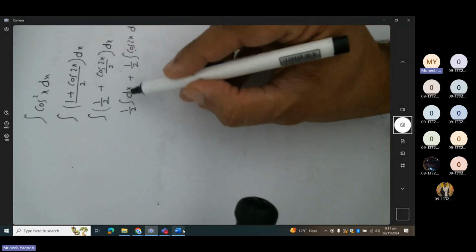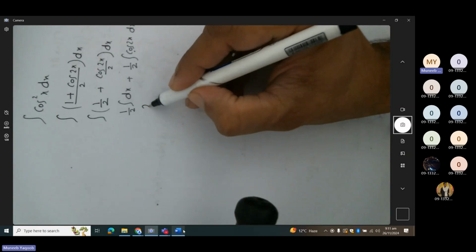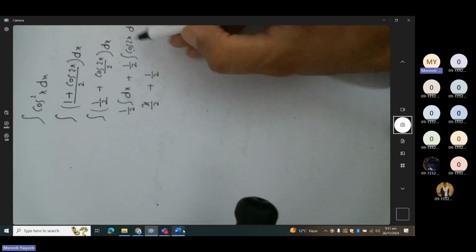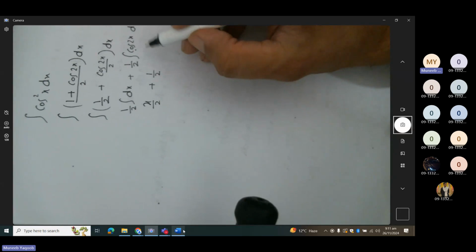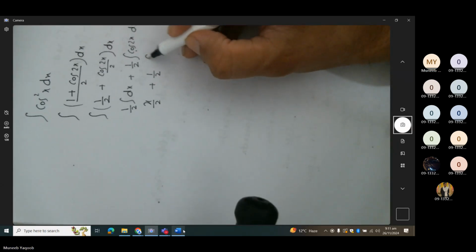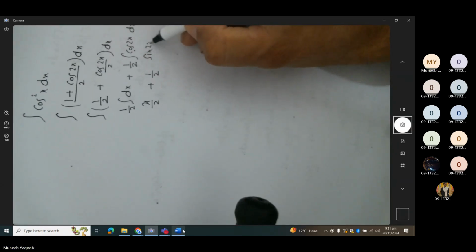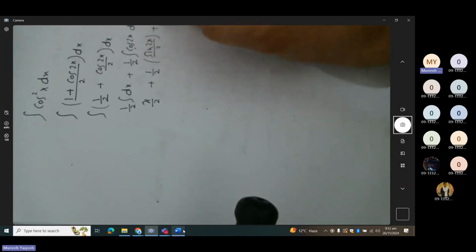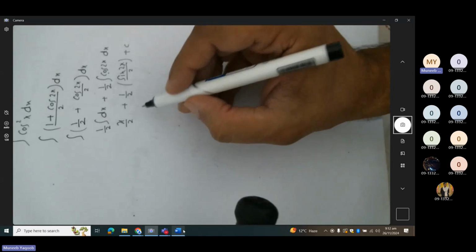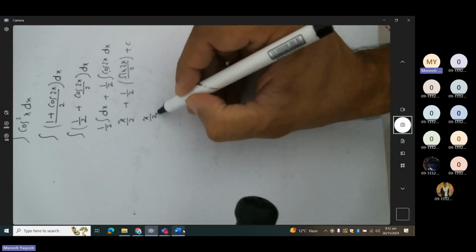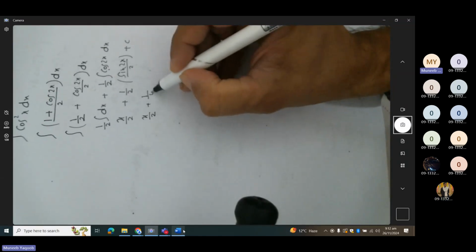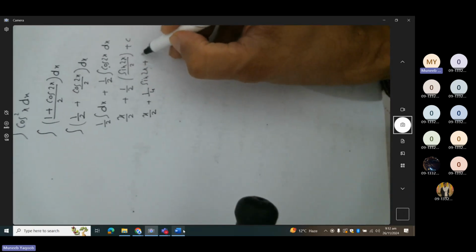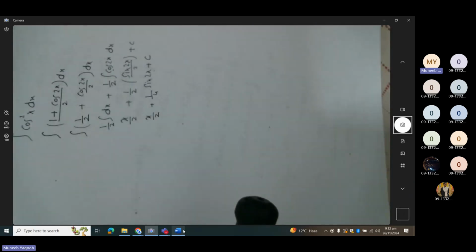Now we know that integral dx is x, so it will become x upon 2 plus 1 upon 2 times, and integral of cos 2x is sine 2x upon 2. So hence our final answer would be x upon 2 plus 1 upon 4 times sine 2x plus c. This will be our final answer.